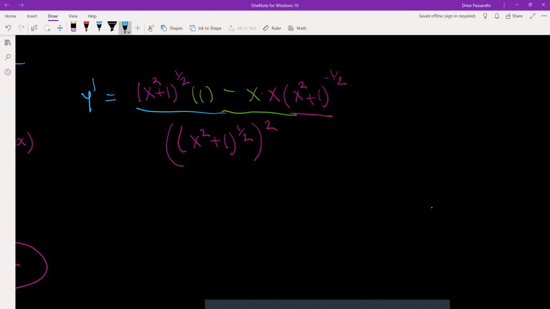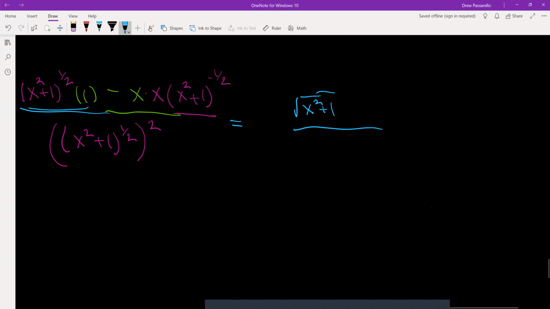So it's the square root of x squared plus 1, that's just this part, and then minus x squared. And then that's x squared plus 1 to the negative 1/2. I want to make that positive 1/2, so I put it in the denominator.